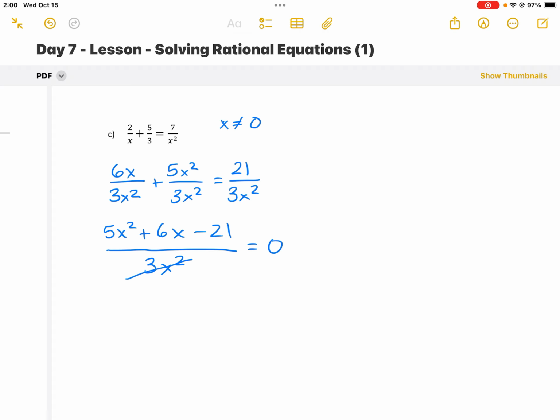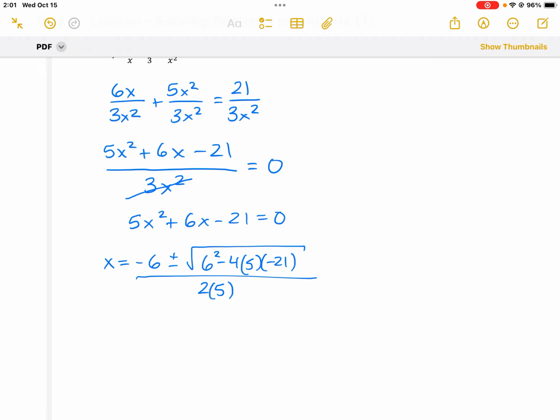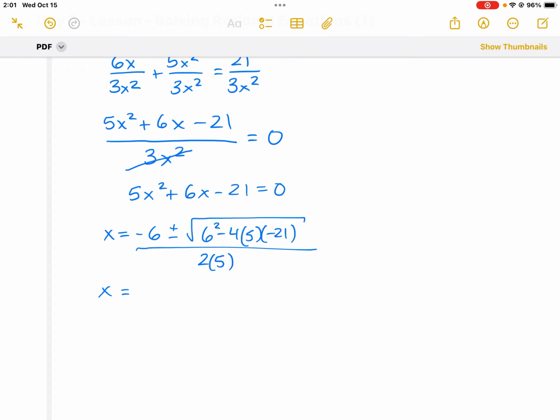So no expanding. I'm just going to ignore the denominator, and then I'm solving this related quadratic equation, which I also can't factor nicely, so I'm going to use the quadratic formula. I'm going to say x equals negative b plus or minus the square root of b squared minus 4ac, all over 2a. I can keep going, and I can simplify this down to minus 6 plus or minus root 456 over 10.